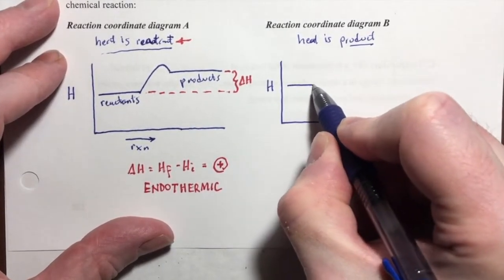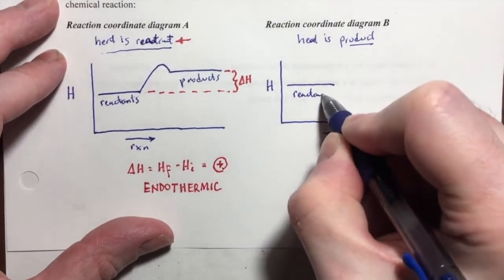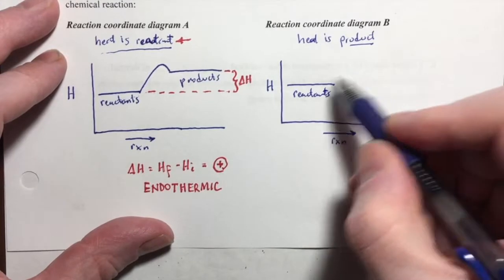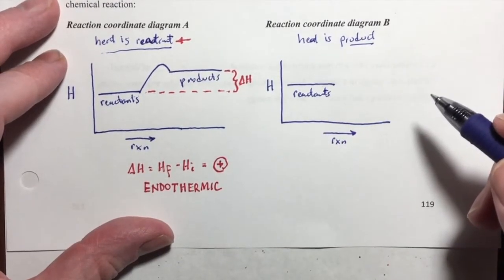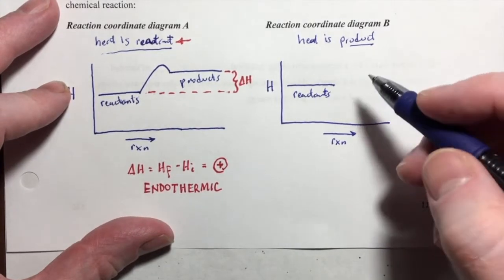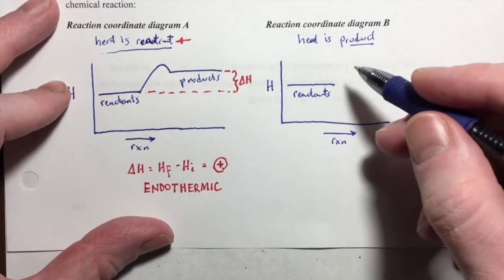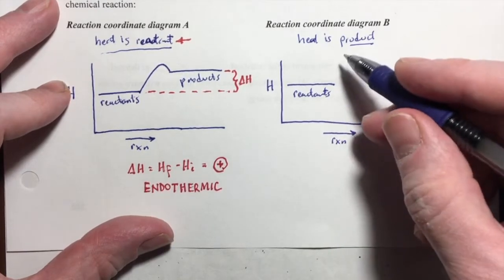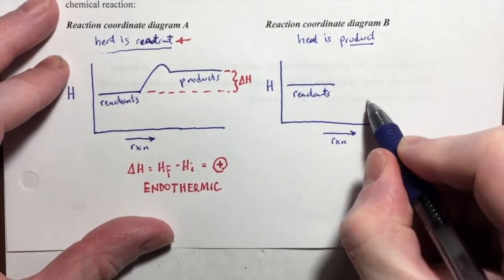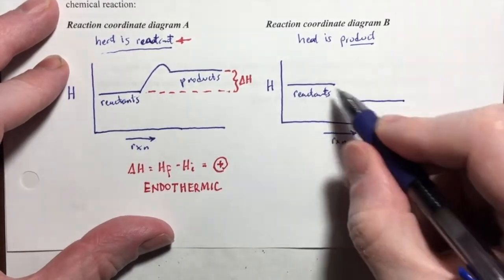We don't know exactly what enthalpy our reactants have, so I'll just put them there. They have some enthalpy in the reaction. And now if heat is a product, that means heat is being given off by this system. If heat is being given off by the system, then the products are going to have less heat in them than when they started.